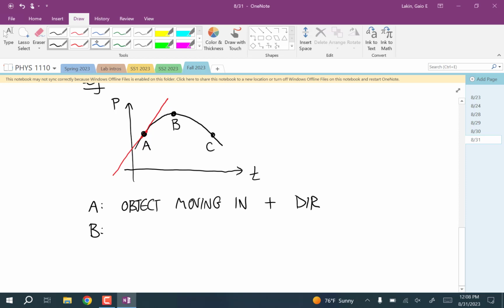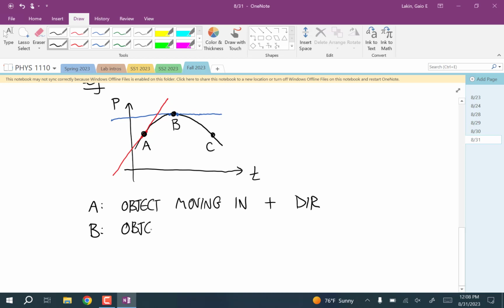At B, I'll draw the two nearby points, draw the line that goes through the points. What's the slope of that line? Zero. And so what direction is the object moving, I guess? What's the object doing? Stopped, right?